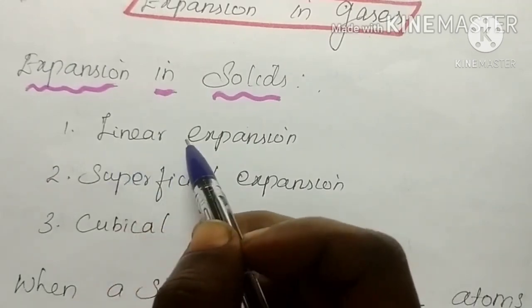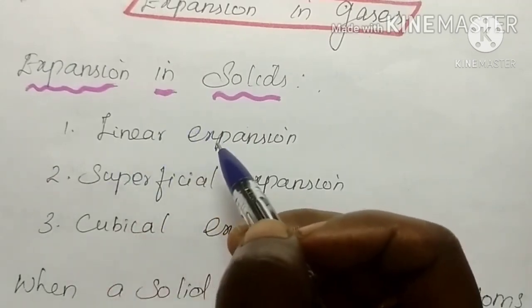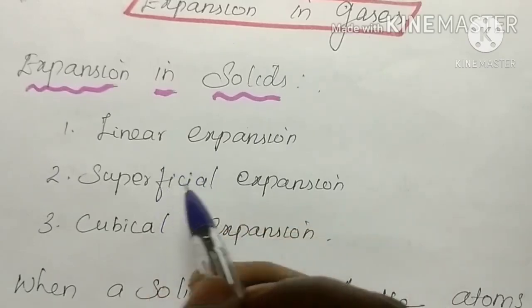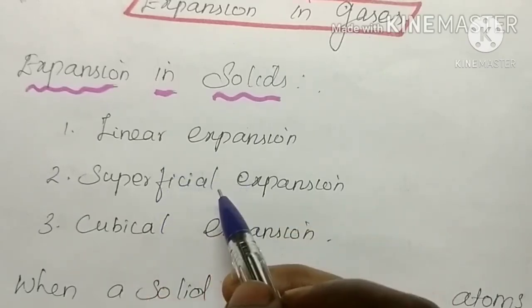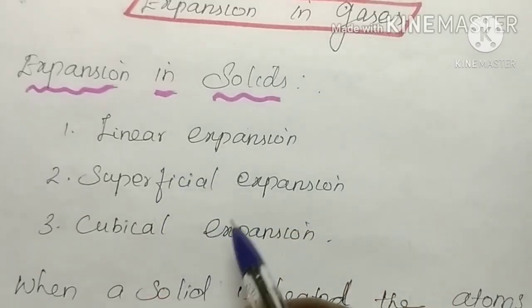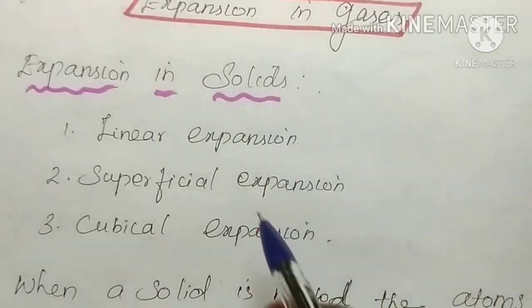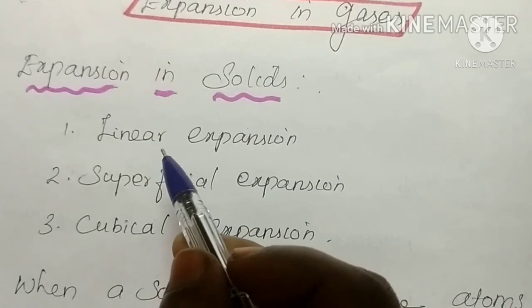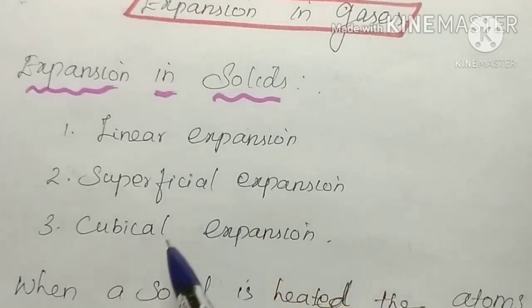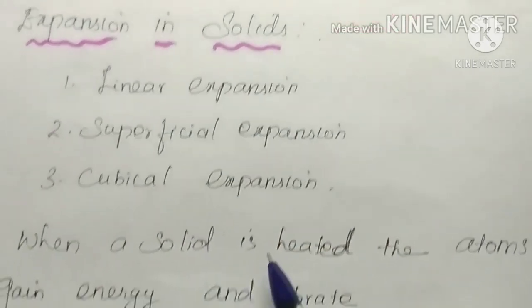Linear expansion means the length of the object changes, superficial expansion means the area changes, and cubical expansion means the volume changes.